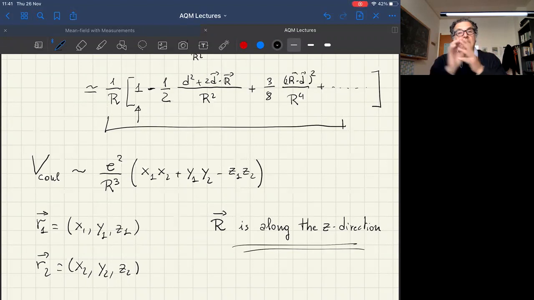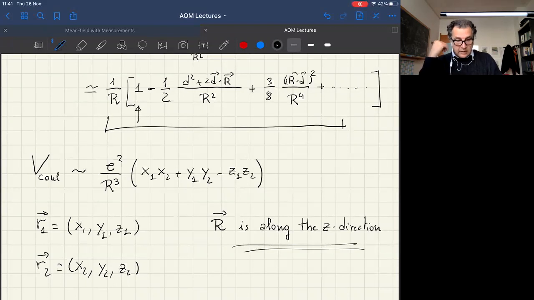So you studied the wave functions of the hydrogen atom. Let's consider for the moment the ground state. The ground state is a wave function which is localized within some distance of the order of the Bohr radius, around the nucleus.